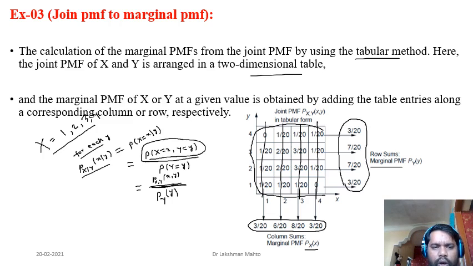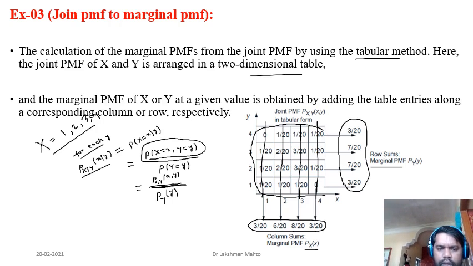Here you can observe that this one is the joint PMF and this one is the marginal PMF. The conditional PMF of any random variable with respect to another is always the ratio of the joint PMF divided by the marginal PMF. From here you can derive an interesting result, similar to a multiplication rule.